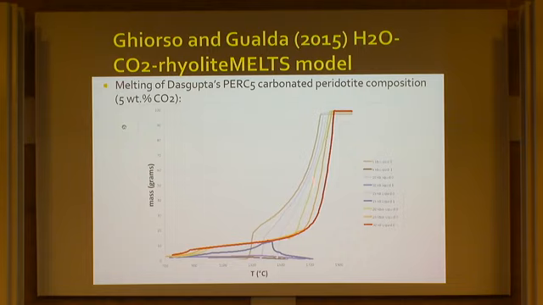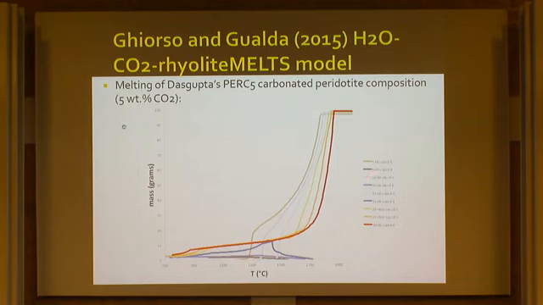These are Paul's calculations using rhyolite-MELTS plus the mixed fluid, but just the carbon dioxide part of the model, for a bulk composition that it really shouldn't be able to deal with, and pressures that it shouldn't really be able to deal with.